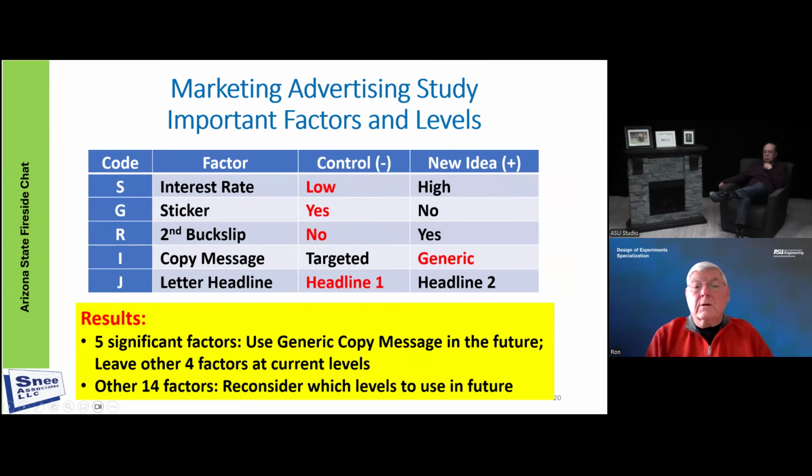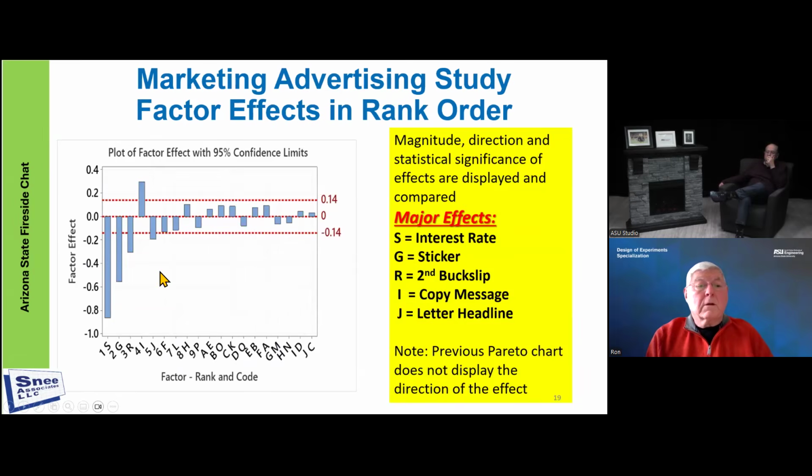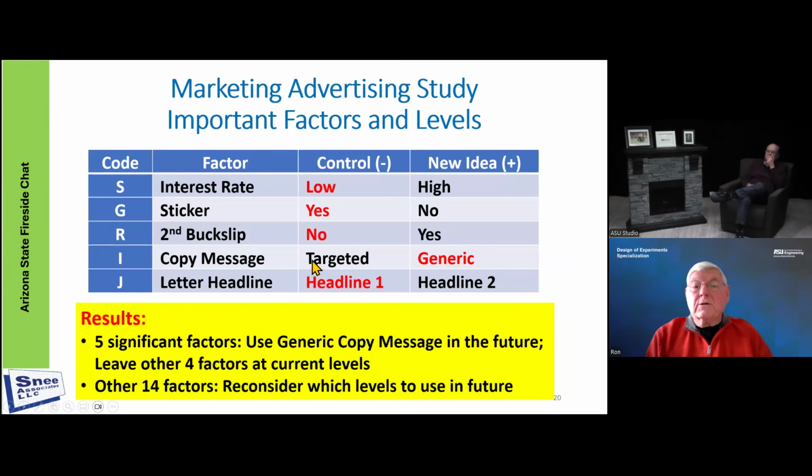In this particular case, four of the top five had negative effects. We saw that right there. See, four of them, these three and this one, and then there's this one, which is the copy message, target and generic. And so they would adopt the new idea of generic.